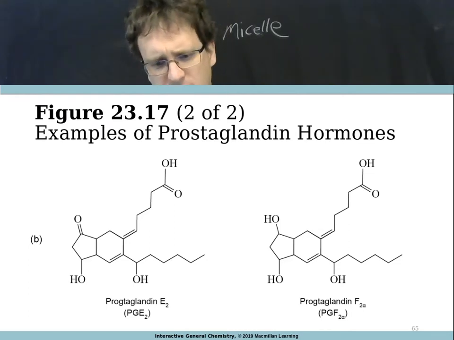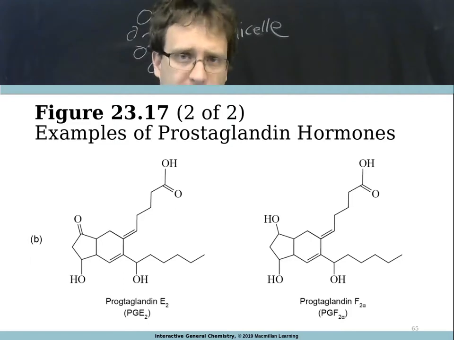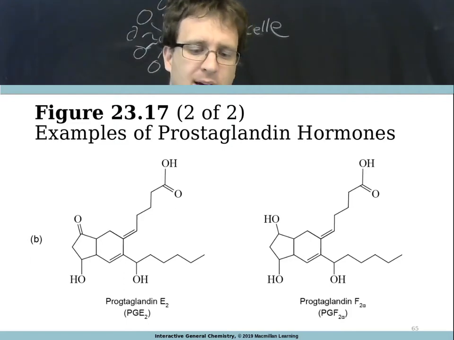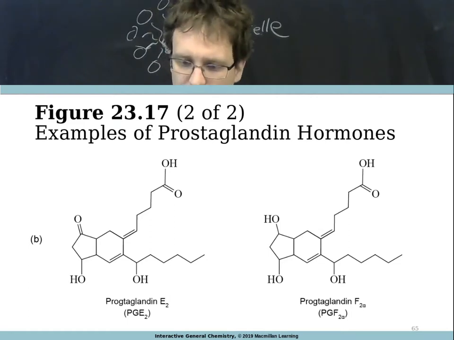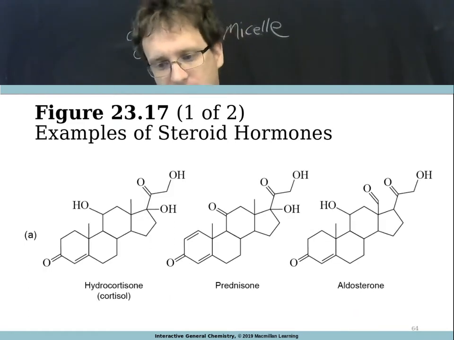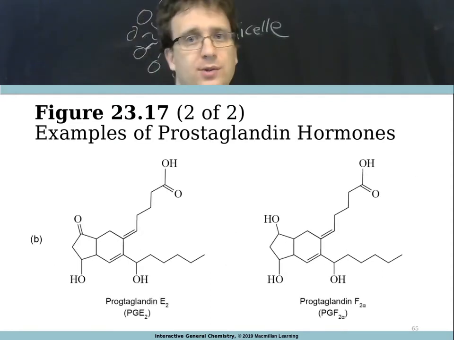So the prostaglandins you can recognize by having that cyclohexane and the cyclopentane next to each other, distinct from the steroids, which have 3 cyclohexanes and 1 cyclopentane group. And these are largely nonpolar molecules, and so they count as lipids.